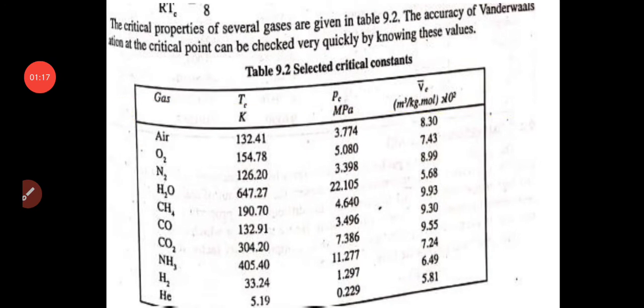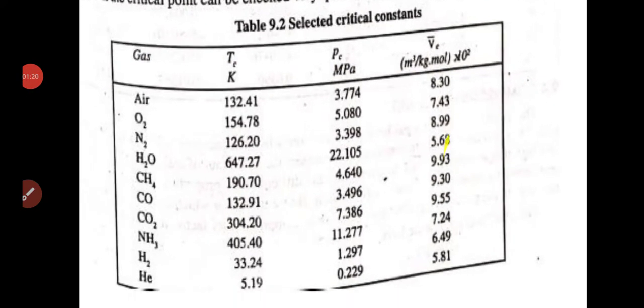Now looking at this table, where TC and PC, that is critical temperature and critical pressure, are given, you can see NH3 ammonia is given, from the bottom third row.